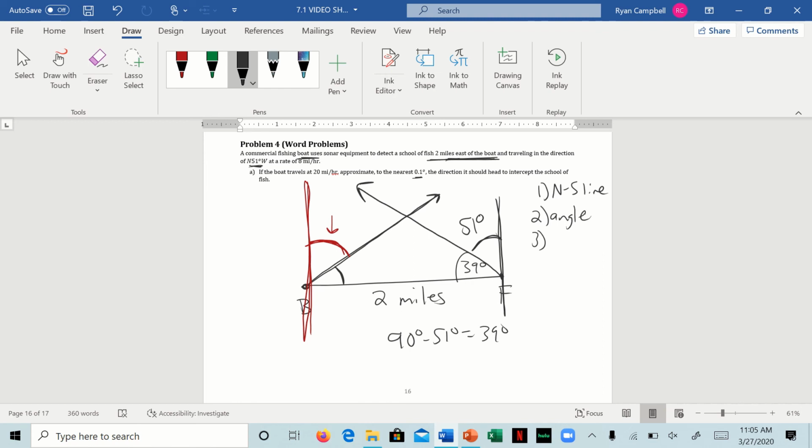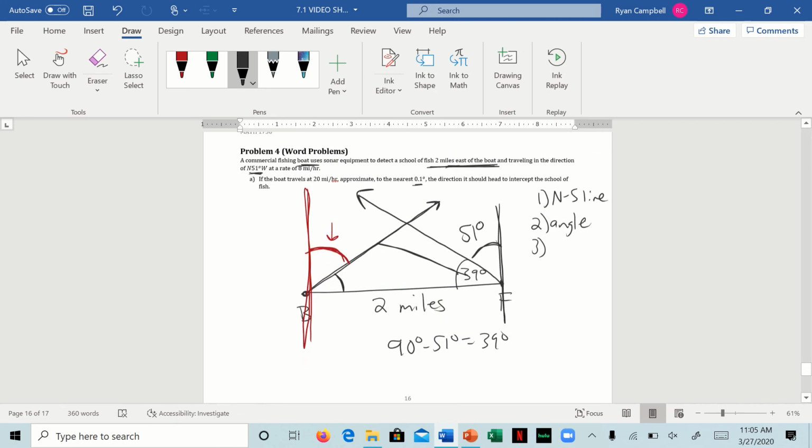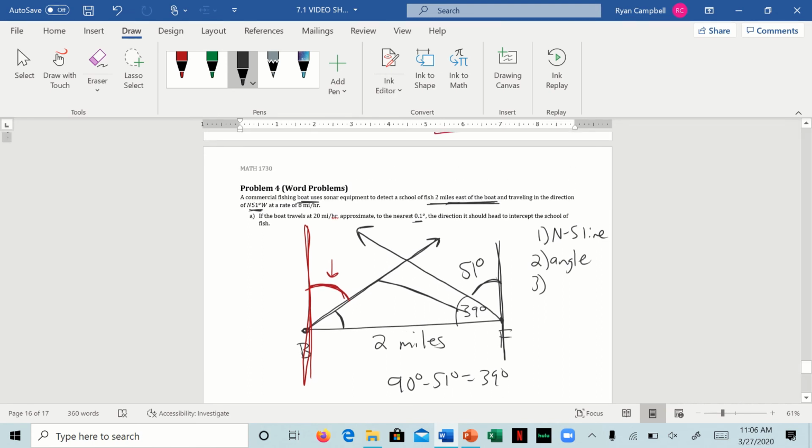For the law of sines, we need across. So what's across from this one? Well, this one's going 20 miles per hour. So how far are they going? They didn't tell us how long it took, so we're going to have to figure that out later. Let's think about this. If it was 1 hour, how far would the boat be going at 20 miles per hour?